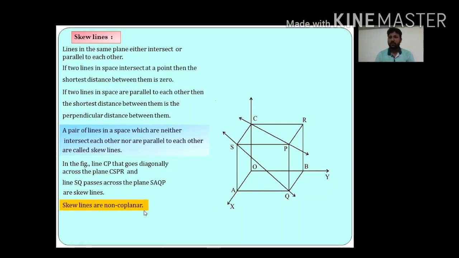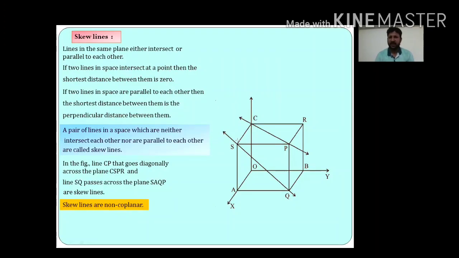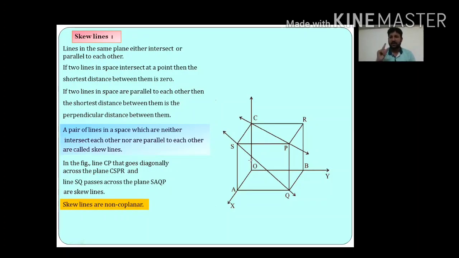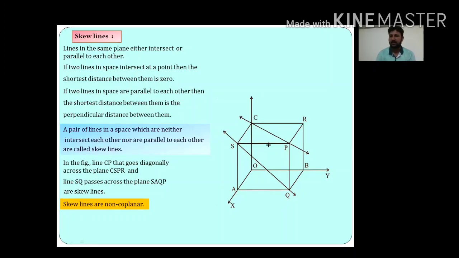Next, to find the distance between these two skew lines. Here, one simple condition is that for two skew lines, there exists one and only one line which is perpendicular to both lines. I repeat, there exists one and only one line perpendicular to both lines. Let us see here.